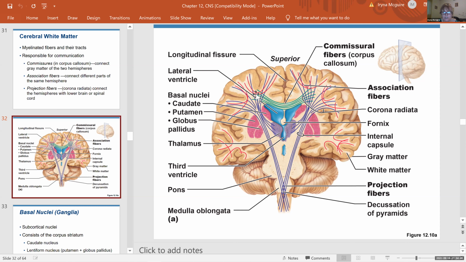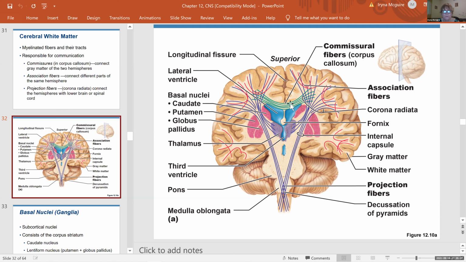You can see over here some fibers, those are axons. Some fibers connect right and left hemispheres, right? So information moves from right to left, from left to right. Then this is called commissure, right? Over here, this green, commissure. And the biggest commissure is the corpus callosum, the one that connects the right and left hemisphere.